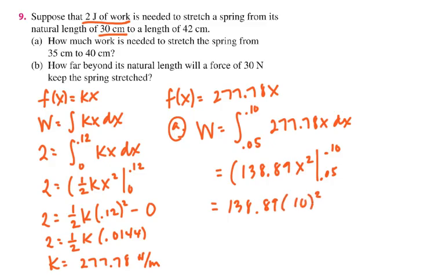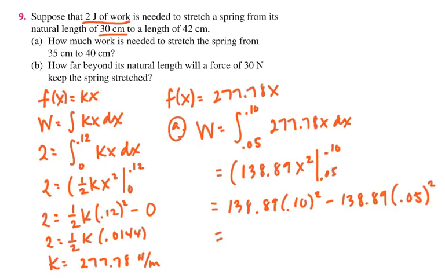I know you can put 0.1, but it helps me. Minus 138.89 times 0.05 squared. Notice I don't have big brackets and everything. There's nothing being multiplied. There's only one thing happening per each set. It's like when I multiply by 10, there's a monomial there and there's a monomial there. So you don't have to have the parentheses.